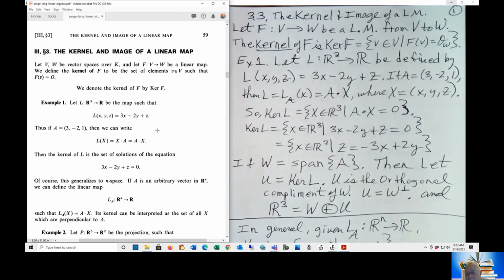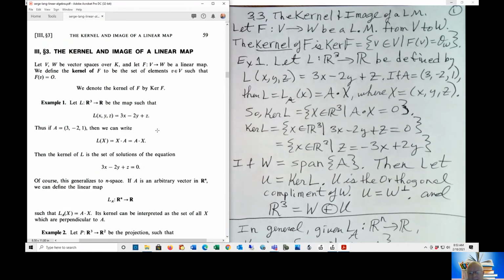The kernel of L consists of the ordered triples so that 3x minus 2y plus z equals 0. Now take that equation and solve it, say, for z. You could have solved it for x or y, but solve it for z. z equals negative 3x plus 2y.